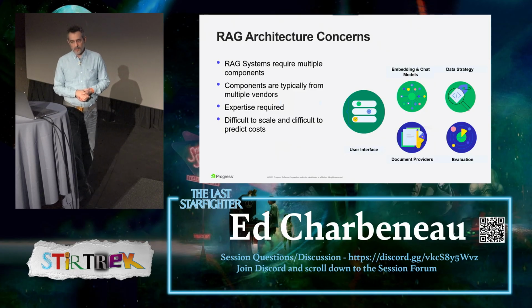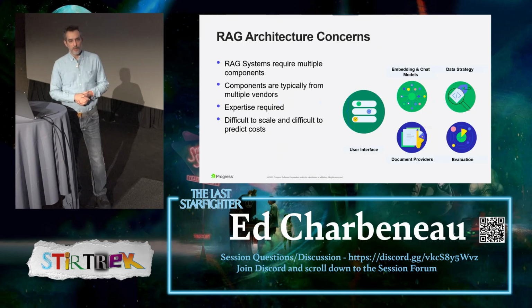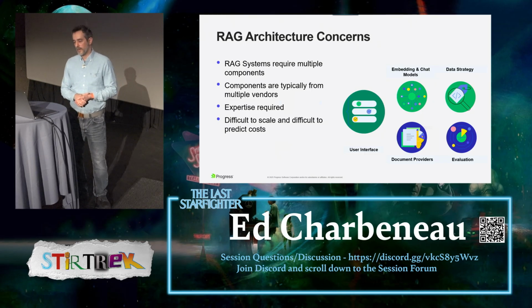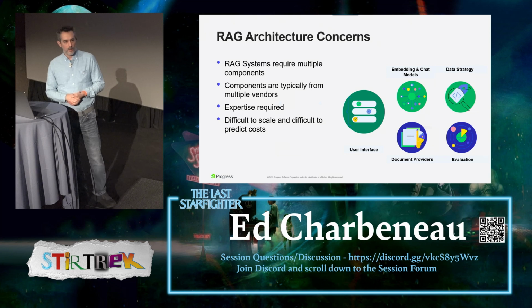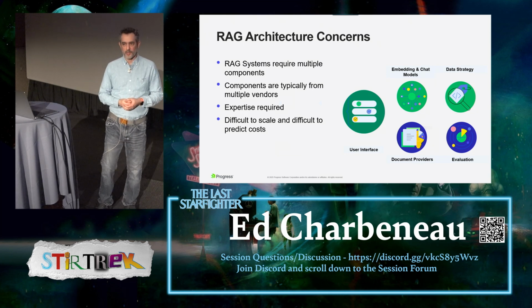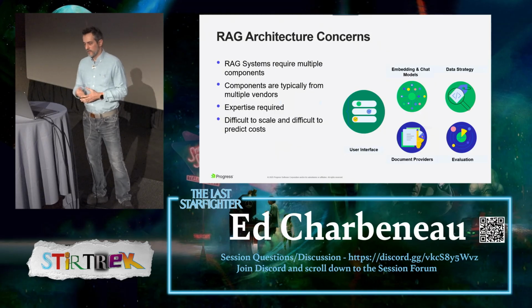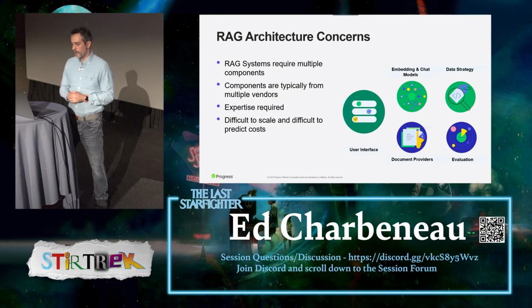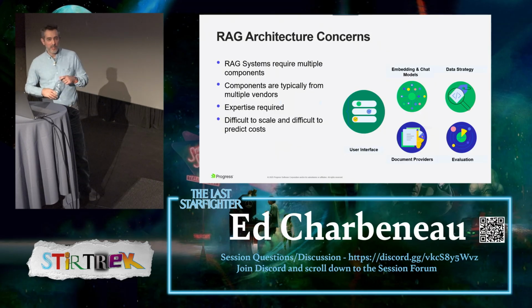So these RAG systems usually require many components that have to work together, and those components are often by different vendors. As you saw with the previous example, there's some cross support with Azure and OpenAI, but you still need some other pieces to make that work, such as a user interface.